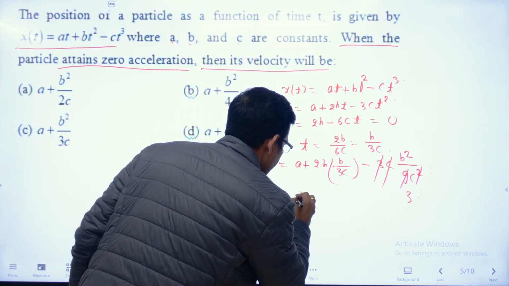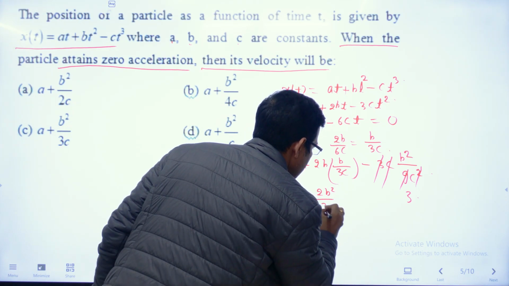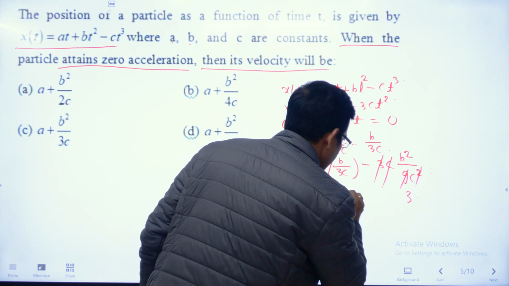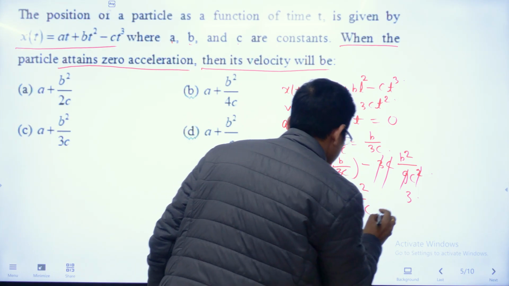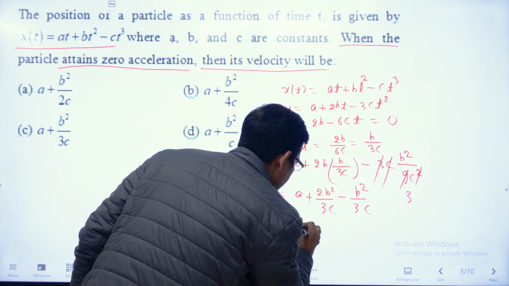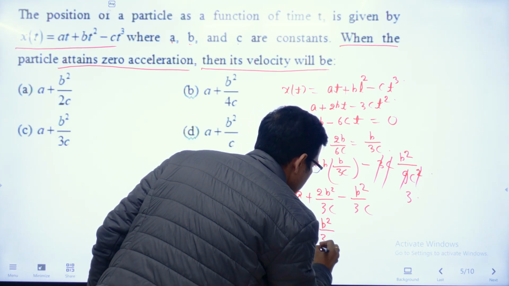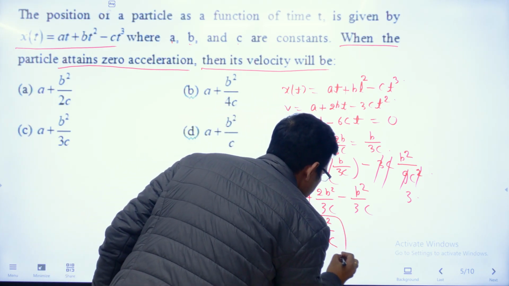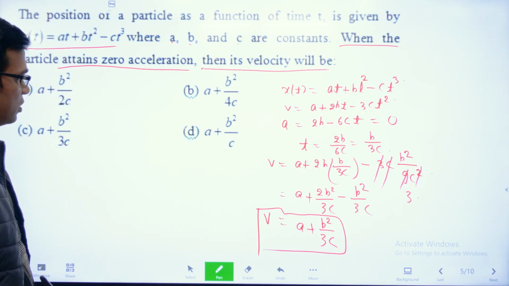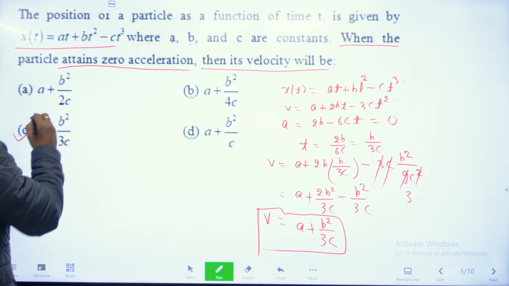So this is equal to a plus 2b square divided by 3c minus b square by 3c. So that is equal to a plus b square by 3c. So this is the velocity. ये velocity तब है जब एक्सेलरेशन जीरो हो रही है। So C will be your correct option.